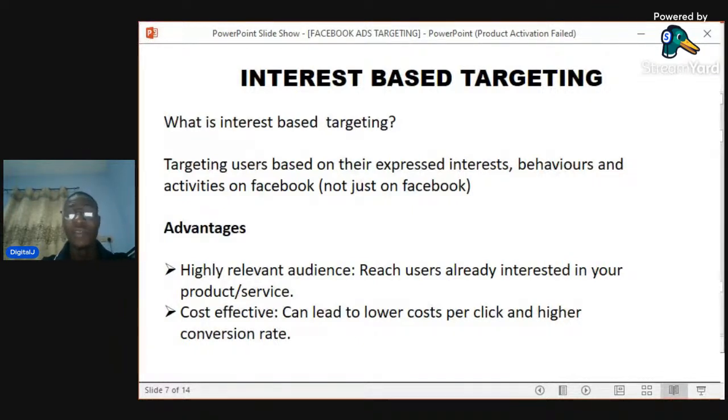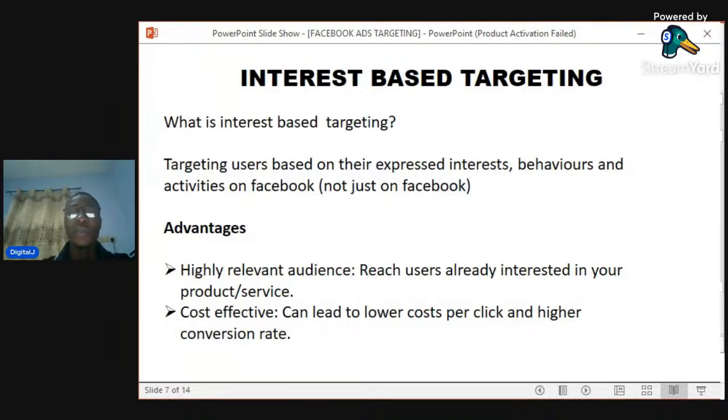So like I said, it is not like broad targeting where Facebook is going to do the targeting for you. No, you will be the one to tell Facebook, target this set of persons, target people that are interested in jewelries, in fashion, in shoemaking, in whatever.